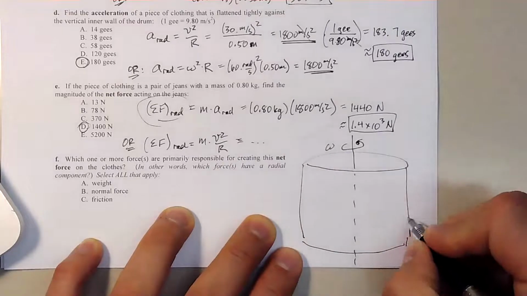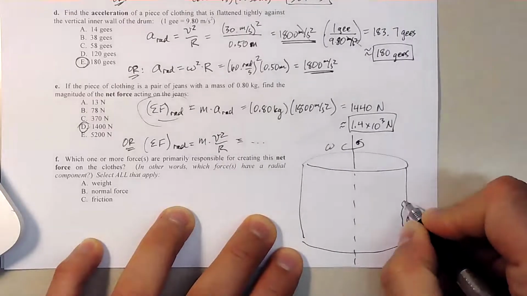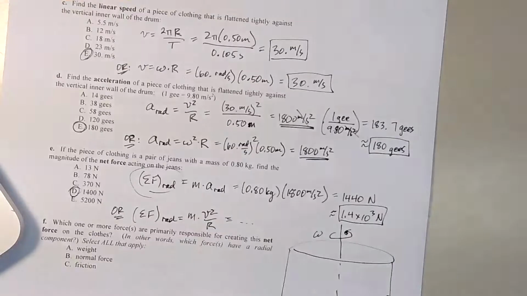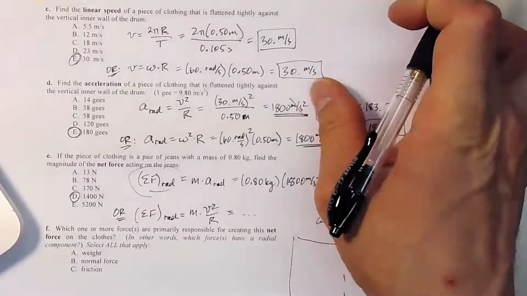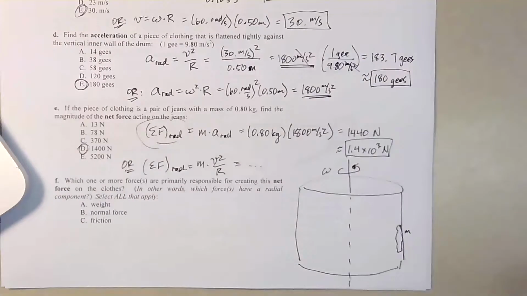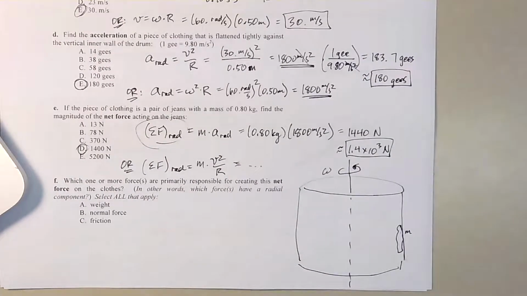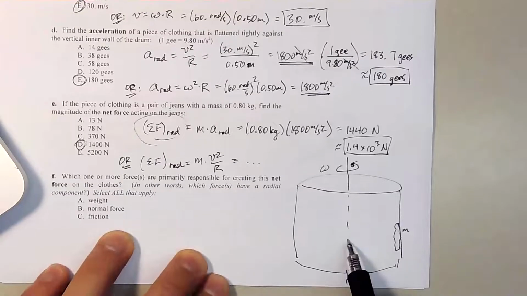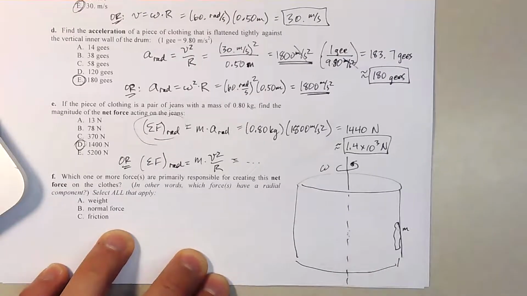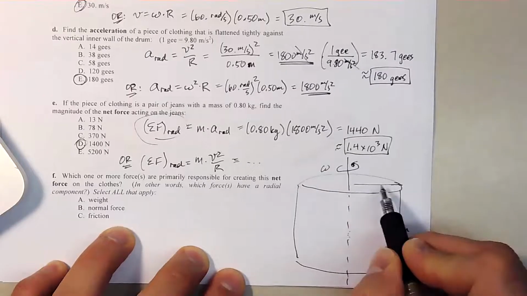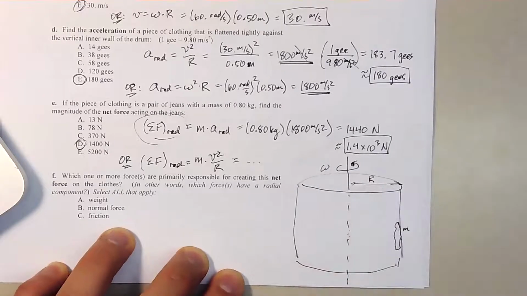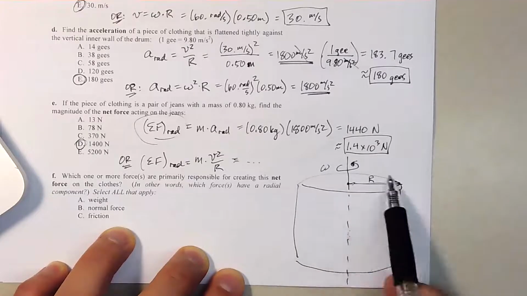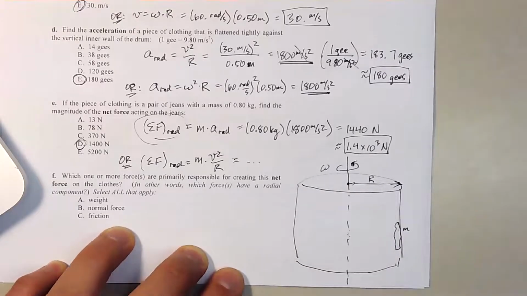And here's a piece of clothing on the inside edge. Then as the washer spins, which forces acting on this clothing point toward the center of rotation? Because remember, this is the radial direction, right? This is the radius of curvature of the circular motion.